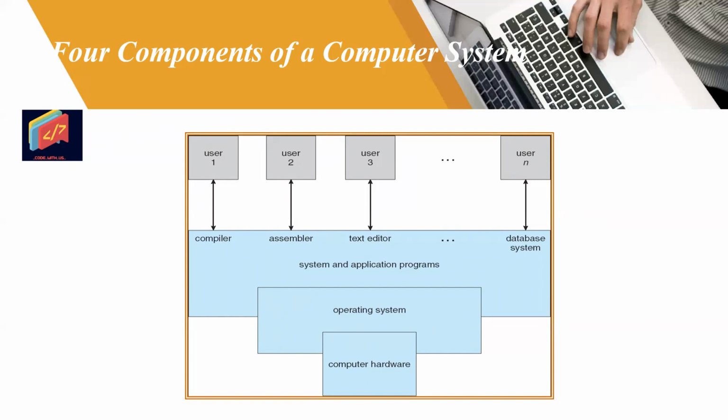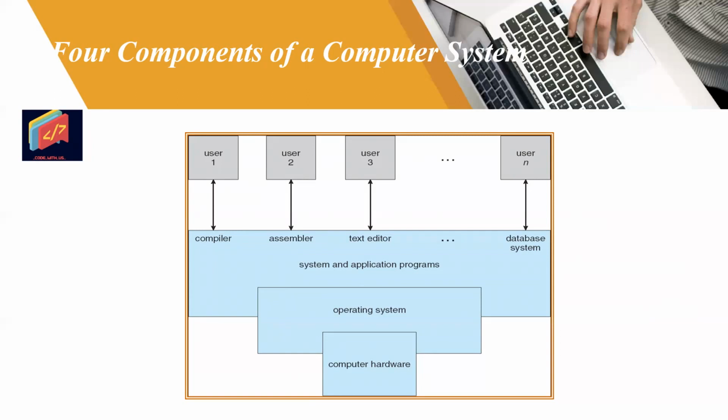For the compiler we have a user, and for the assembler we have a user. There can be alternative users also. Every user will be connected to the application programs only. These are the four components of the computer system: hardware, operating system, application programs, and users.